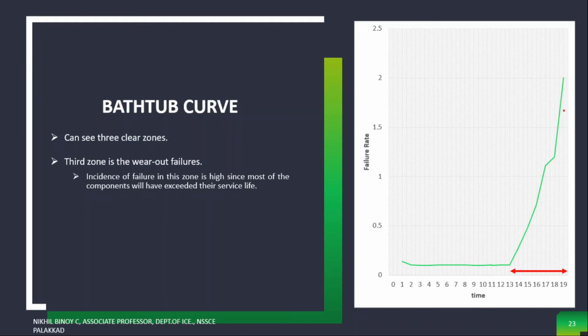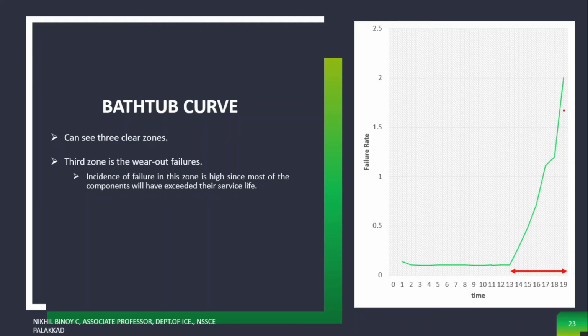Okay, because in this particular region, definitely the failure of components is more. Out of the number of components that survived, the failure will be more. You can see that after the 13th interval, something around 200 components have survived.